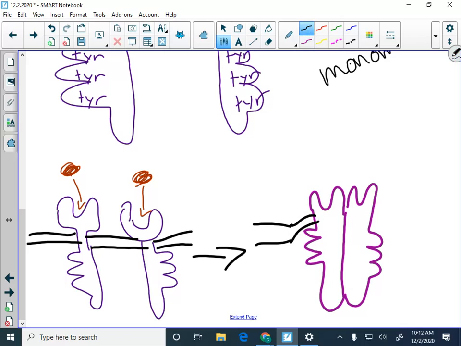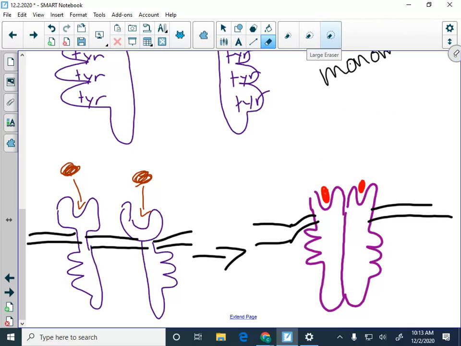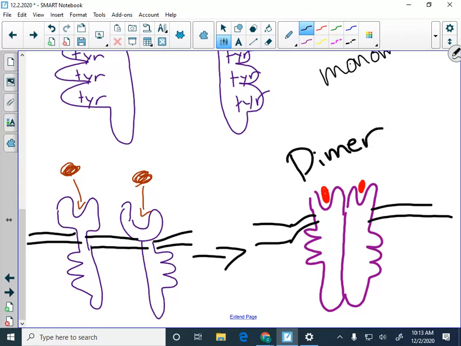Essentially both of those molecules will come together and form a dimer. A dimer is just the same thing like monomer, but instead of mono, it's di, so two monomers, dimer.